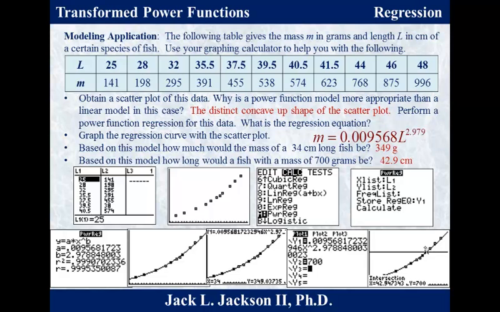Now I want to point out one more thing about why the power is essentially 3. The model gave us just slightly off of 3, but a power of 3 makes sense because think about the relationship between length and volume. Volume is essentially a cube of a length.